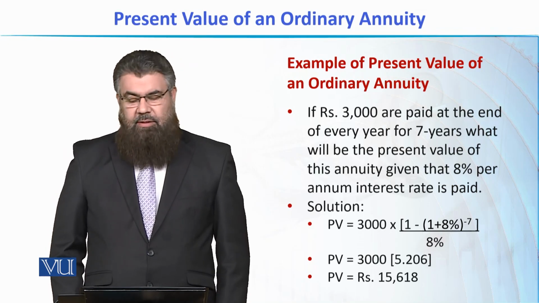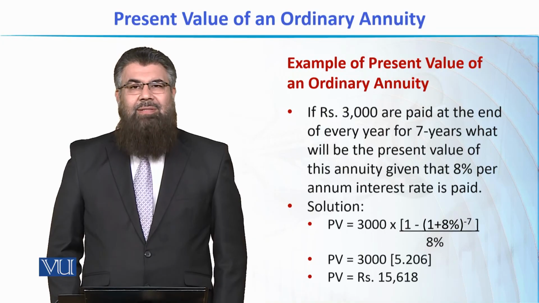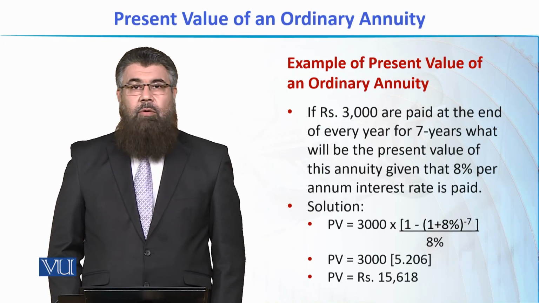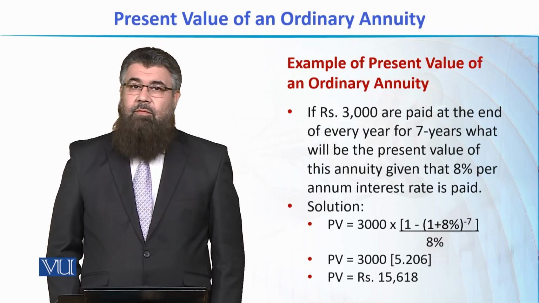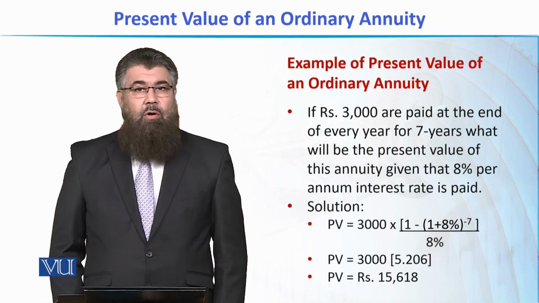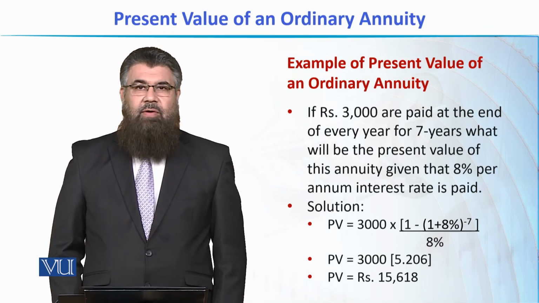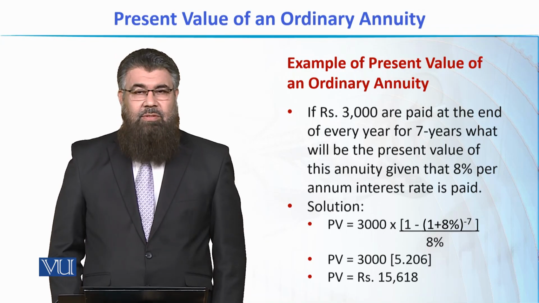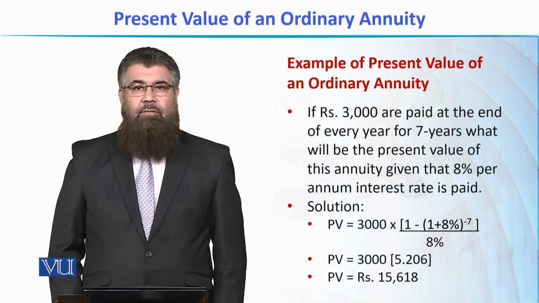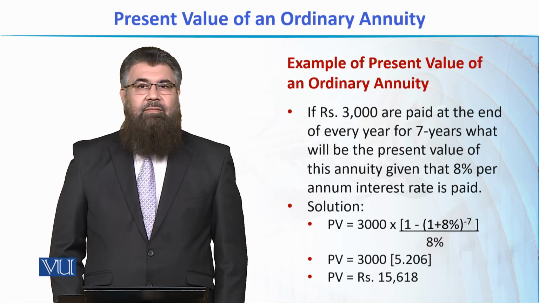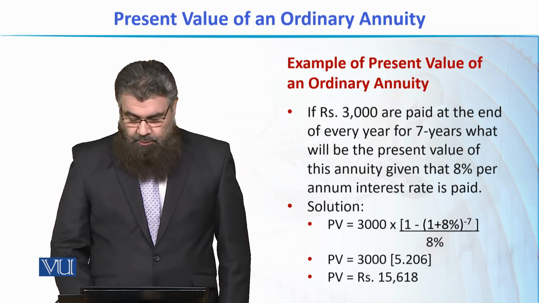If we have a look at this solution, we see that in one go, in one attempt, that is by applying the formula only once, we have got the present value of all the installments. We did not have to apply the present value formula 7 times and sum up those 7 answers to get the present value of the annuity, but the formula has given us the present value in one go.